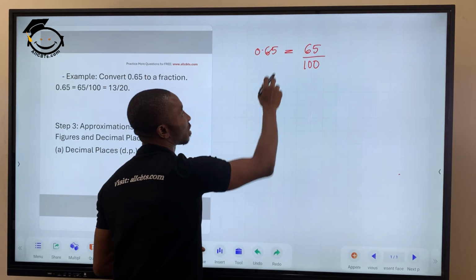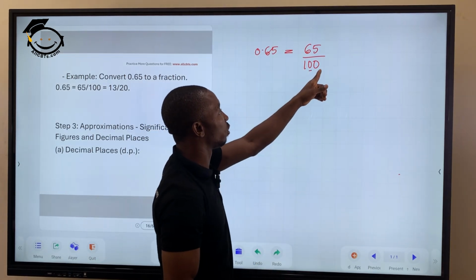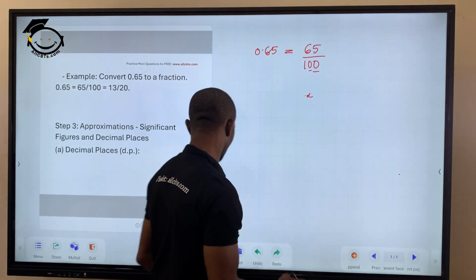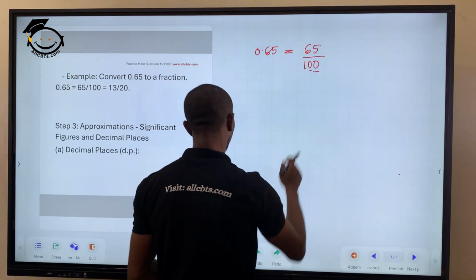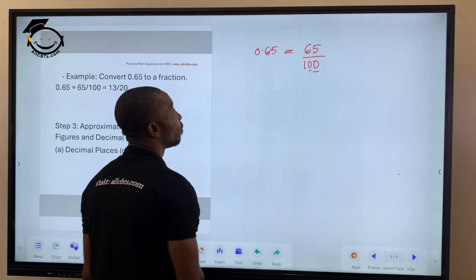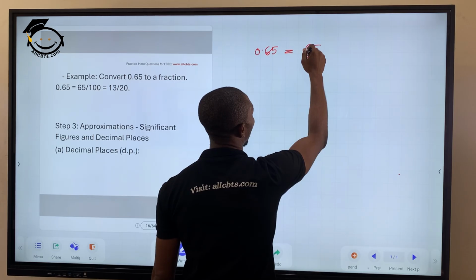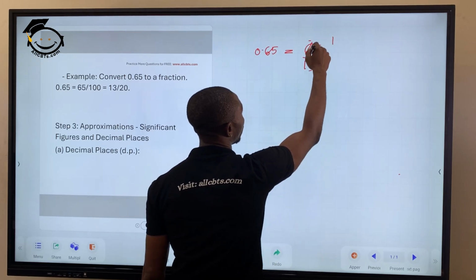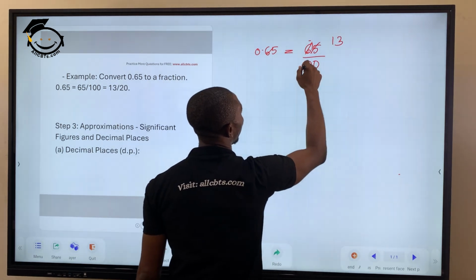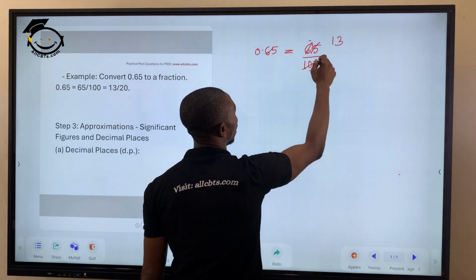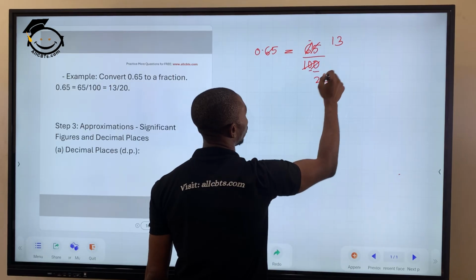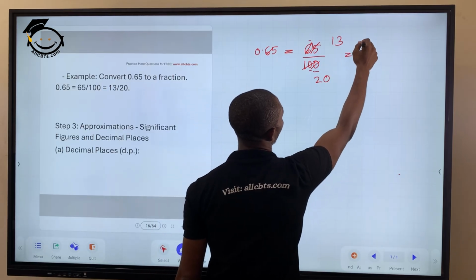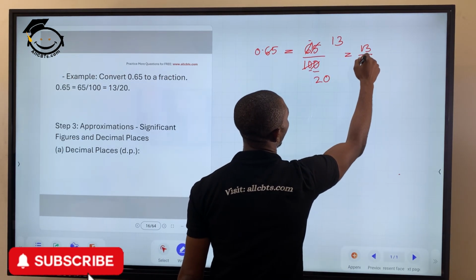We have 2 digits after the decimal point. We have 2 zeros in the denominator. Okay, so now we break this down. 5 into 65, 13. 5 into 100, 20. So our fraction will be 13 over 20.